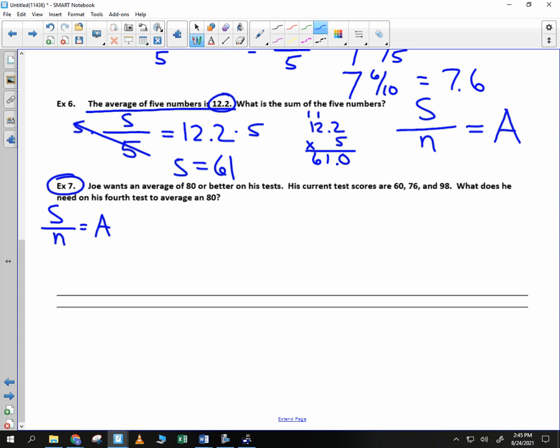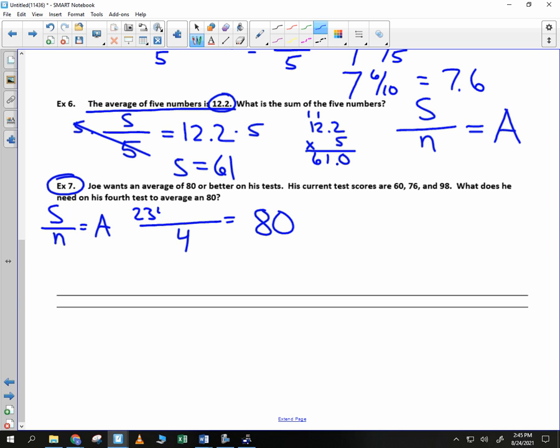What goes where? Good. 80 equals. What else? Four is the number. Good. So you did 234. You added those up, right? But that's 3 tests.